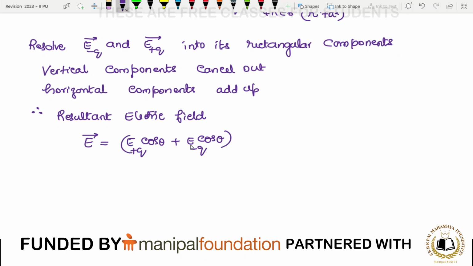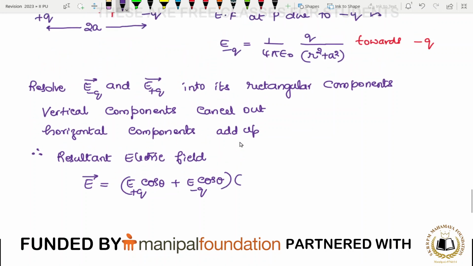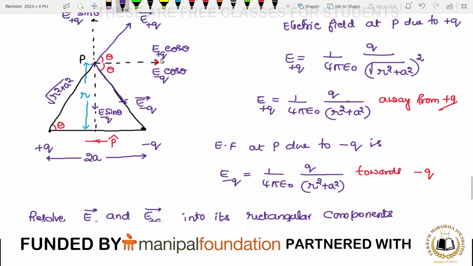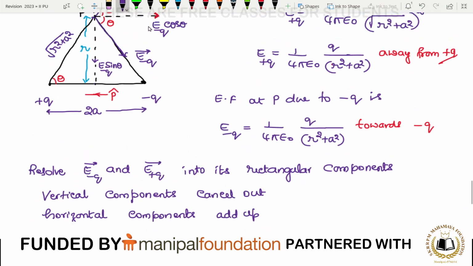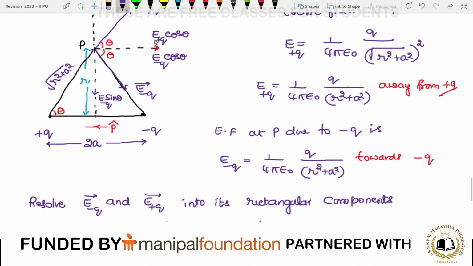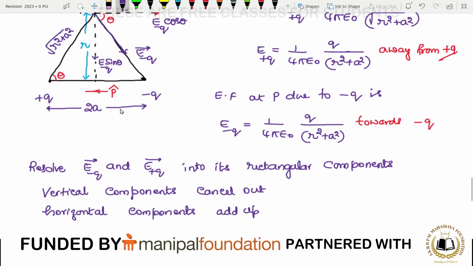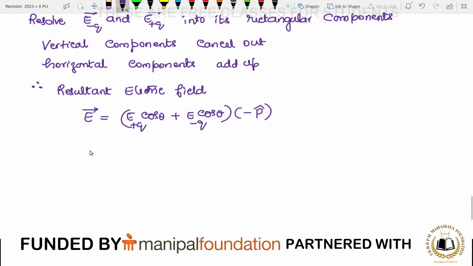On the left hand side I wrote the vector symbol, so the right hand side also I should bring vector. So this is the direction here and dipole moment here. Both are opposite, so I'll put here minus P cap. Meaning this electric field and dipole moment are in opposite directions, so it is written as minus P cap.